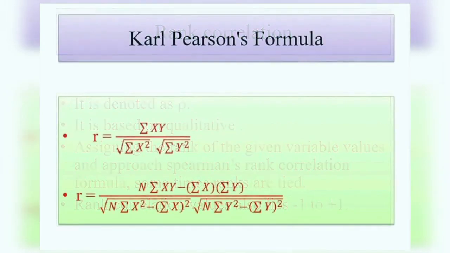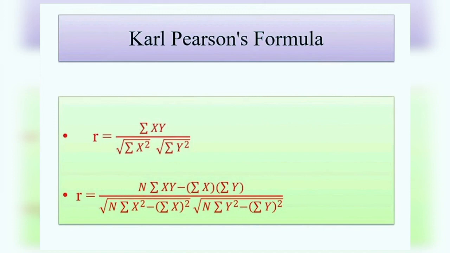Then the Karl Pearson coefficient formula: r equals summation xy divided by root of summation x squared times root of summation y squared. The next one is Karl Pearson's formula: r equals n into summation xy minus summation x times summation y, divided by root of n into summation x squared minus summation x whole squared, times root of n into summation y squared minus summation y whole squared.